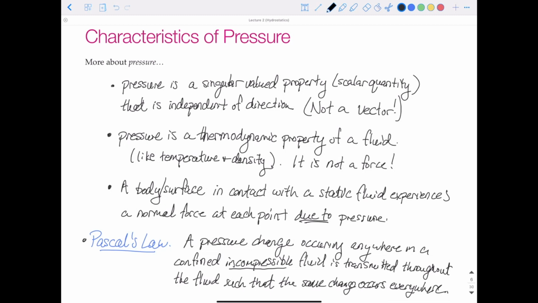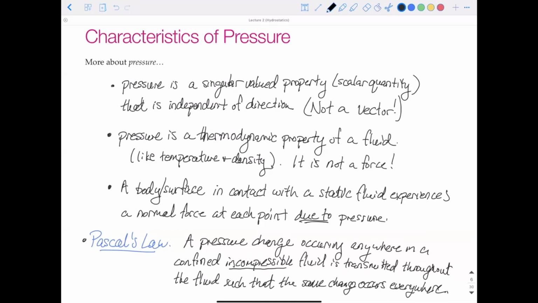So you can take water, for example, and confine it in a container, like a hydraulic system, completely enclosed. If we apply a pressure anywhere on that fluid, the pressure everywhere in that fluid is going to increase by the amount that we increase the pressure at one point. And this is only true of incompressible fluids.